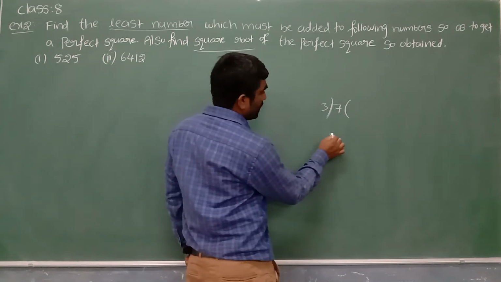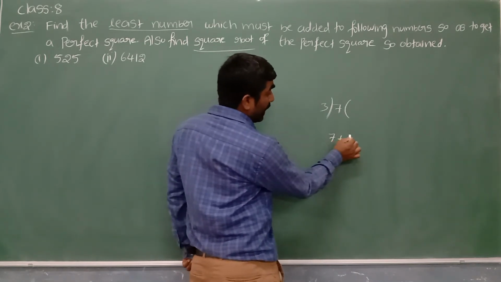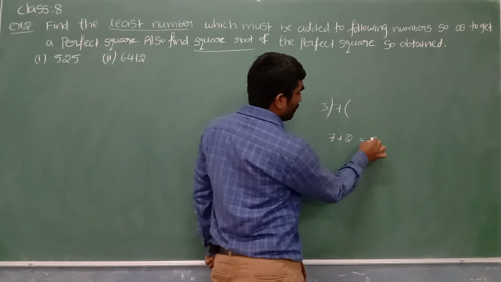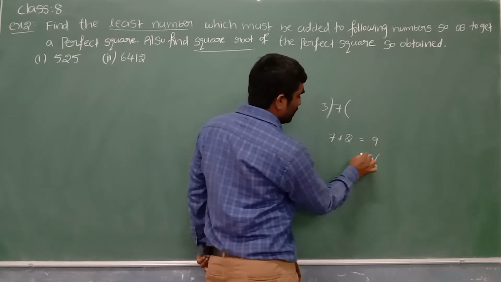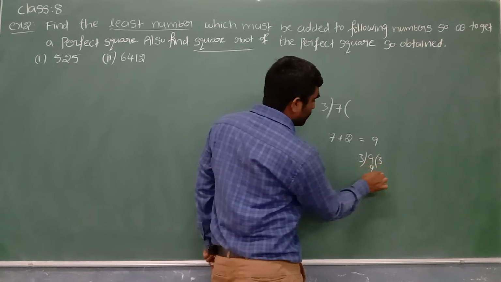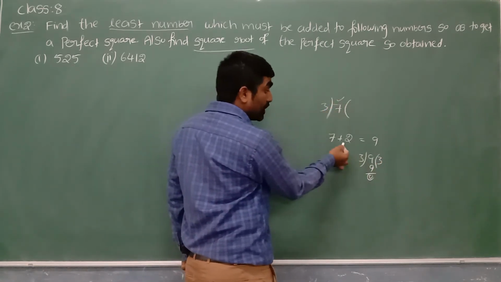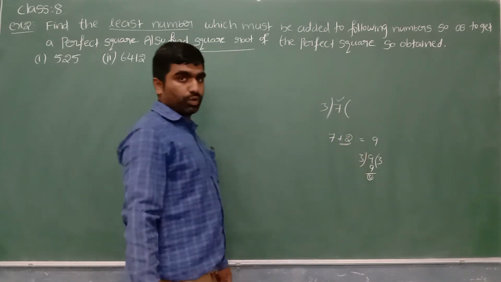For 7 we need to add the least number, 2. 7 plus 2 is 9, 3 3s are 9, the remainder is 0.